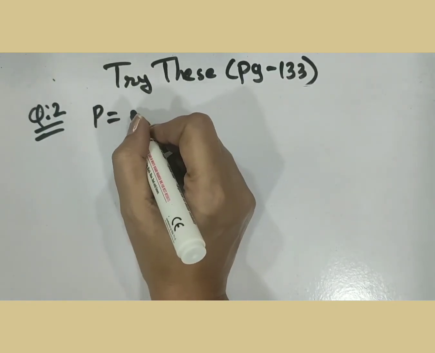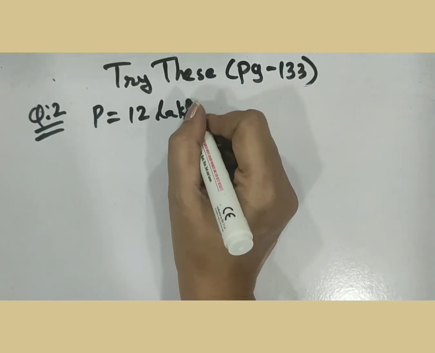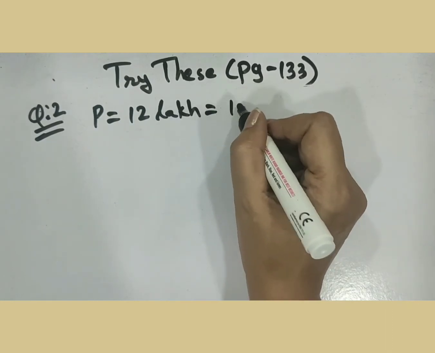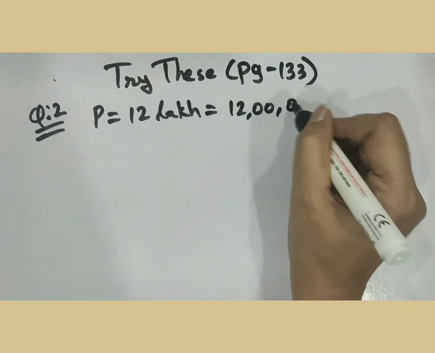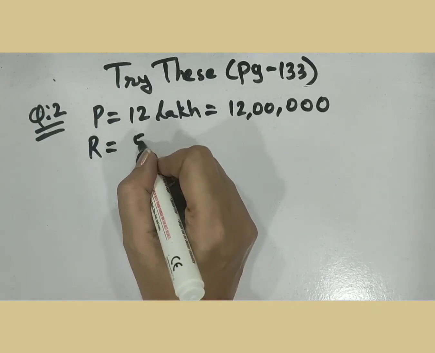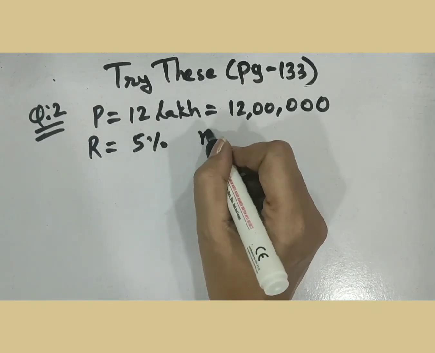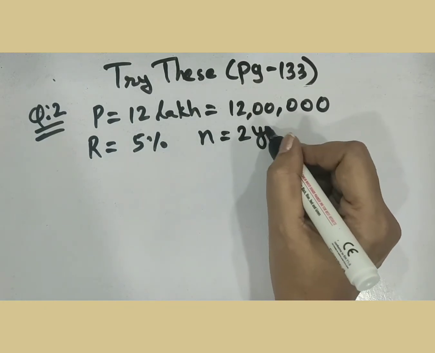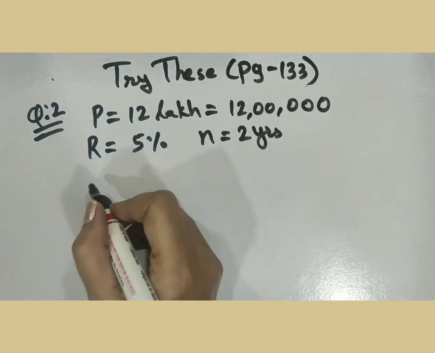So my principal is equal to 12 lakh, which in figures I can write like this. Then my rate is 5% and time is 2 years. Now let us use the formula.